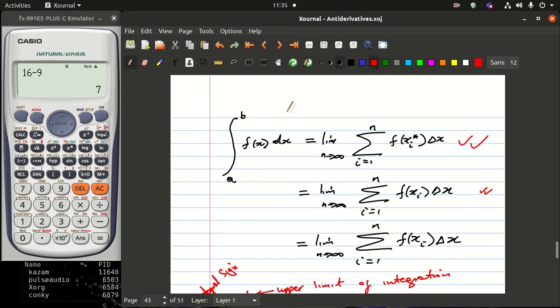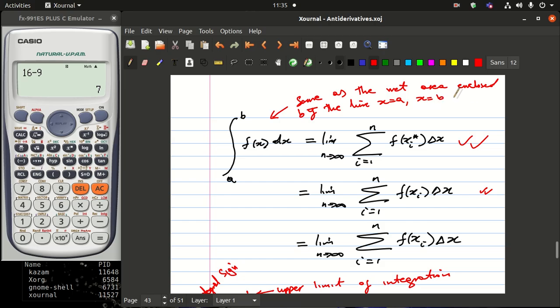In other words, this one here is the same as the net area enclosed by the line x is equal to a, x is equal to b, the curve f of x, and the x-axis.